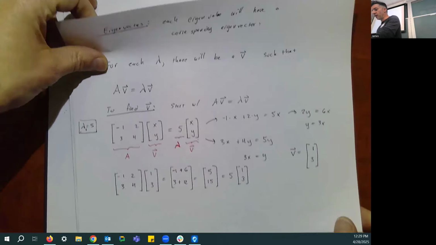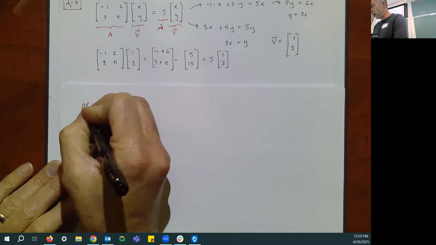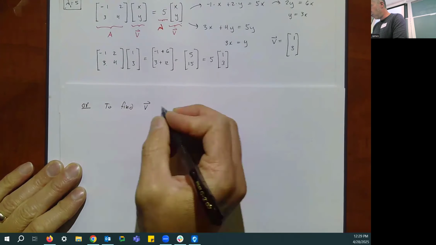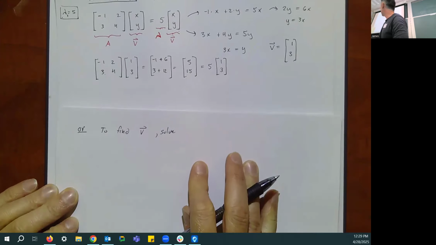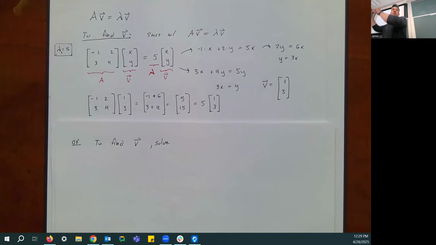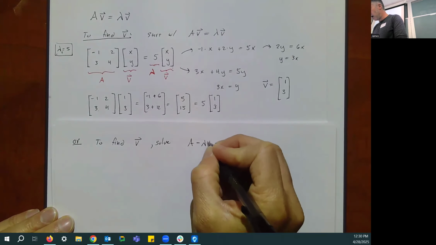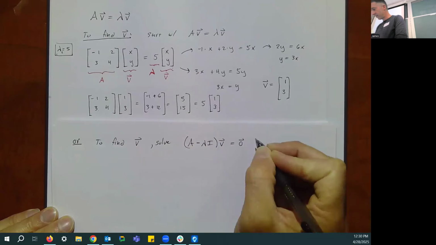So the other way to do this, and we'll use the other eigenvalue, to find v, we can solve, instead of solving A times v equal to lambda times v like we did up here, we're going to essentially subtract lambda times v to the other side and say we're going to solve A minus lambda times I, all times v, equal to the 0 vector.